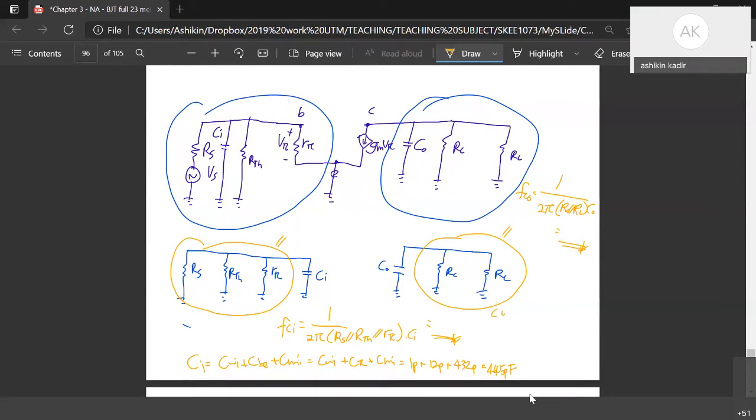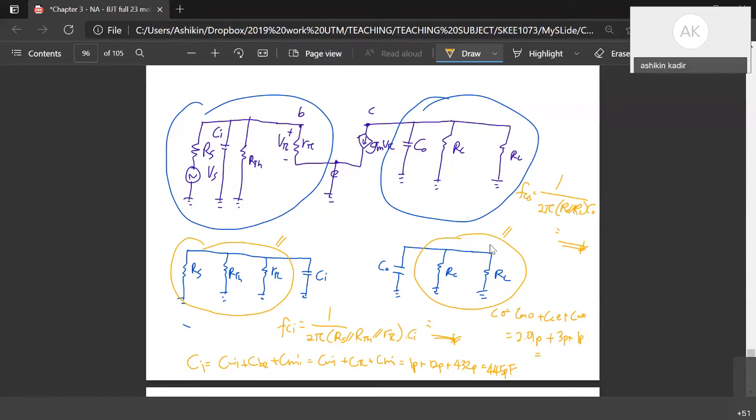CO is CMO. CMO is 2.01 pico plus CCE. How much is CCE? CCE is 3 pico, C omega is 1 pico.